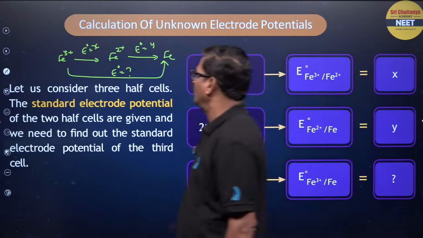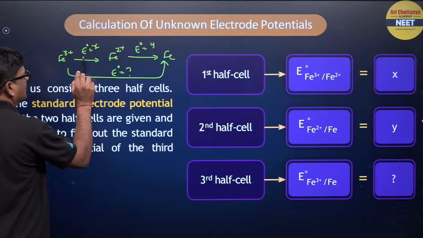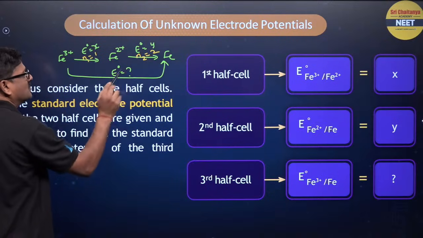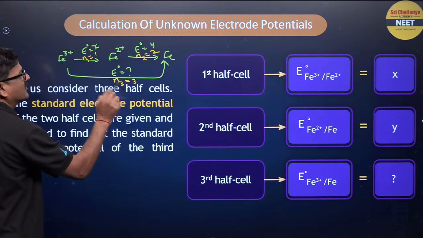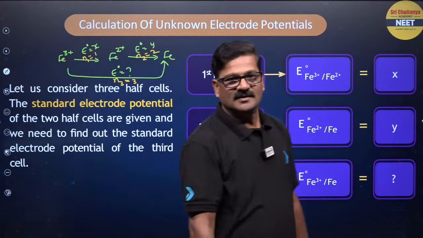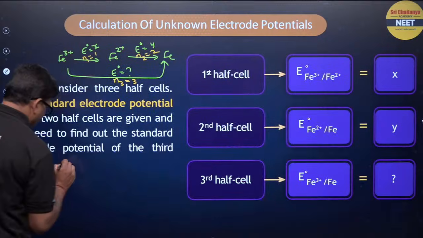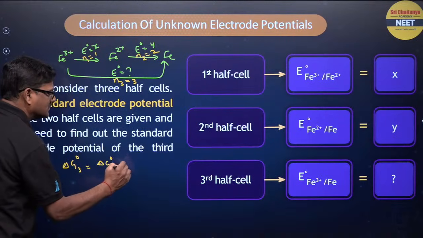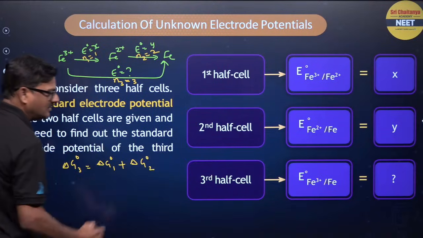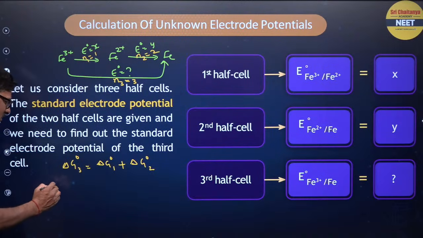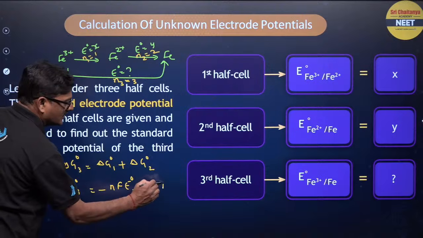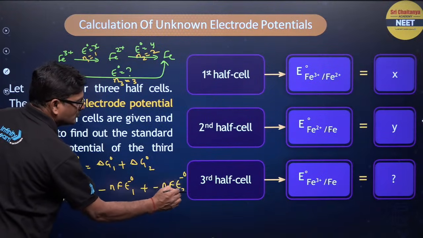Let's say the n1 value is number of electrons 1, the n2 value is number of electrons 2, and the n3 value is number of electrons 3. Delta G3 is equal to delta G1 plus delta G2, meaning minus n3 F E naught 3 is equal to minus n1 F E naught 1 plus minus n2 F E naught 2.